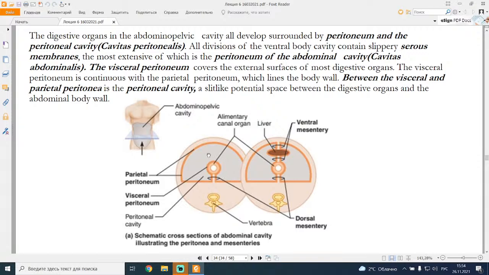Between visceral and parietal peritoneum is the peritoneal cavity, a slit-like potential space between digestive organs and abdominal body wall.